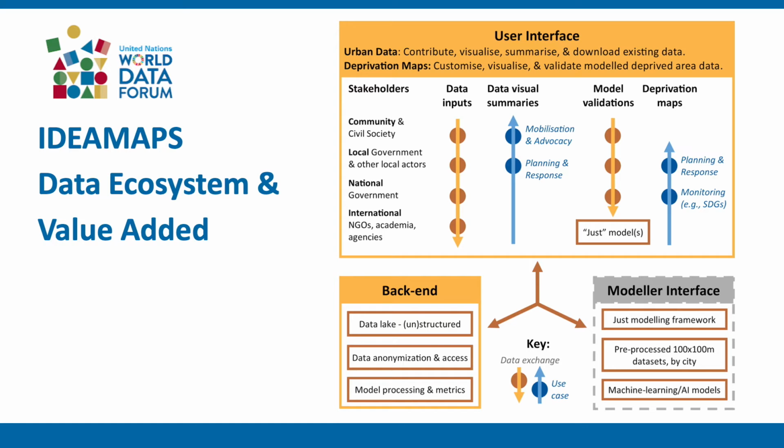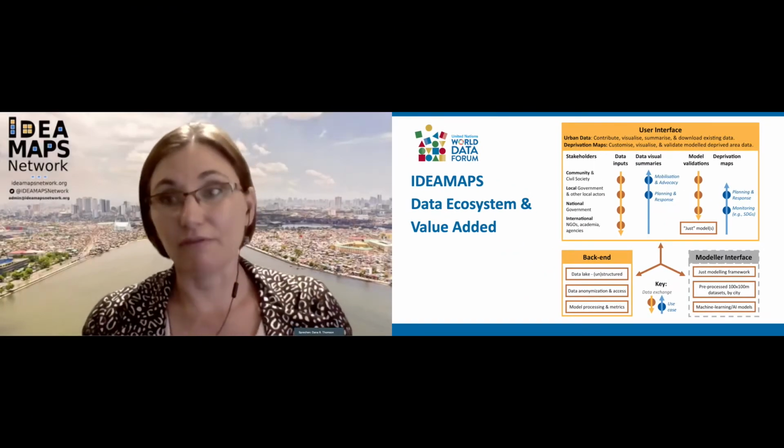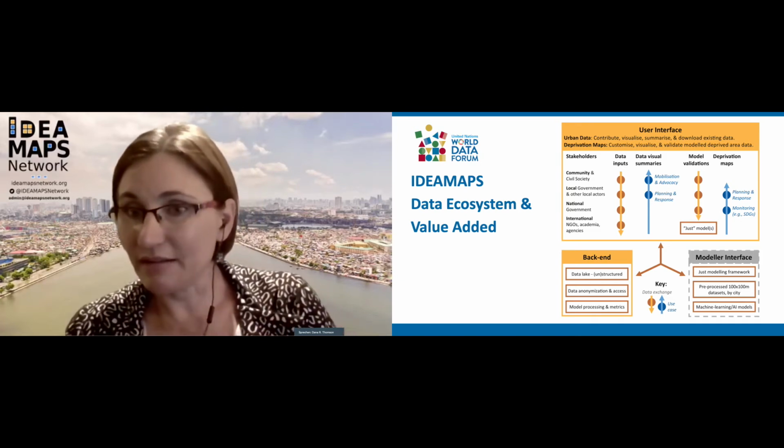So there's an iterative process as you move through from left to right, this modeling phase. And once the stakeholders locally are satisfied with the output, they produce their gridded map. And they now have something they can use for monitoring SDG 11, for program planning, for informing policies, et cetera. Let's just push forward.